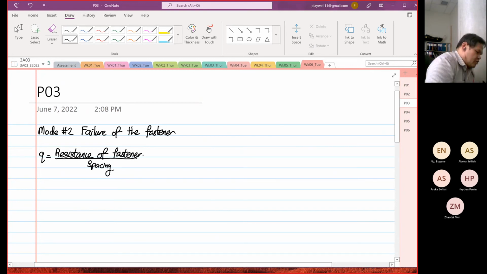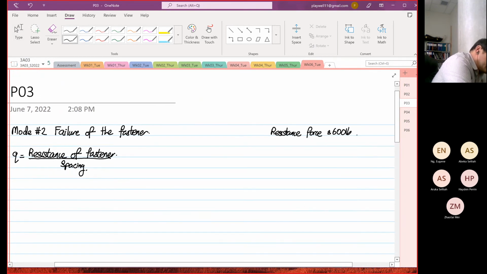Okay. So we are given the resistance force, which is 600 pounds, single shear. Right? And then we are given the spacing, which is equal to 6 inches.